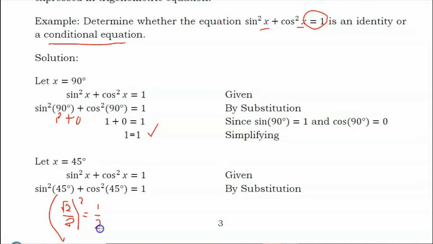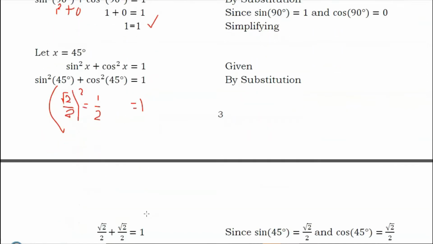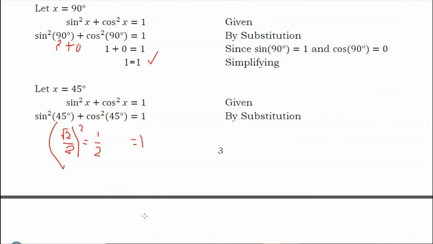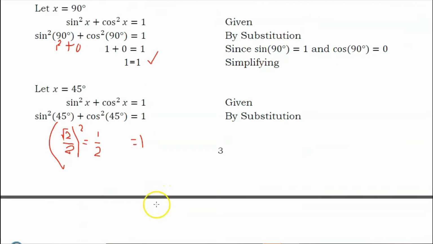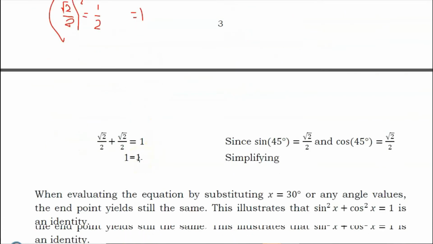Since sine and cosine of 45 degrees have the same value, we can just multiply 1/2 by 2, which is equal to 1. So it is also true if x is equal to 45 degrees. So I think we can now say that this equation, sine squared x plus cosine squared x equals 1, is an identity. If you're not contented with these two values, you may try other values of x. If it results to 1, then that is an identity.